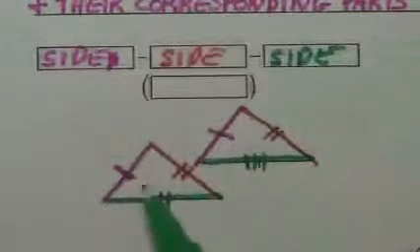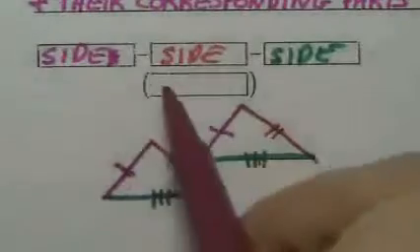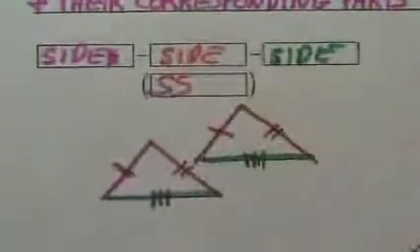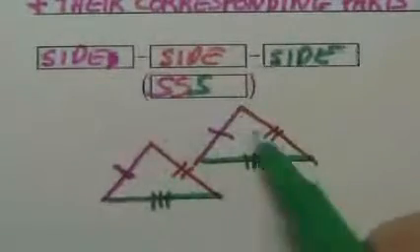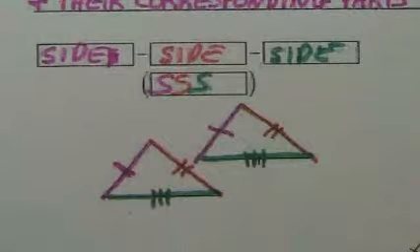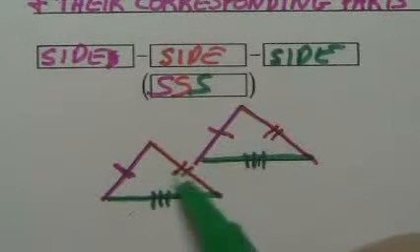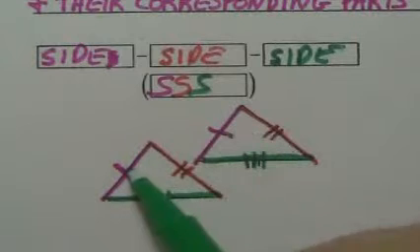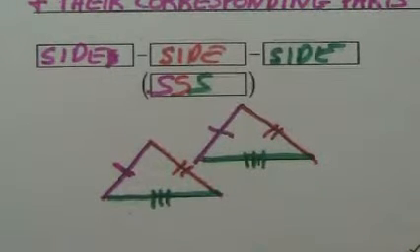So we could say that these two are congruent because they have the same side. Trying to use colors here. Side and side. They have a side, side, and side that are equal. Just have the same measures. Therefore, it is congruent. These two triangles are congruent because they have a side that matches, another side that matches, and another side. Three sides that match.